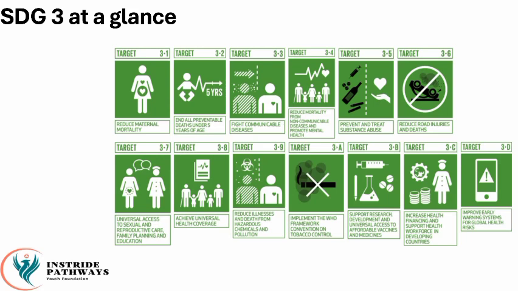They don't have access to antenatal care. And so most times when they come to the point of giving birth, they end up with complications and in the long run death, right? So one of the targets is to reduce maternal mortality, to fight communicable disease, to prevent and treat substance abuse, which is one of the things currently affecting the younger generations.